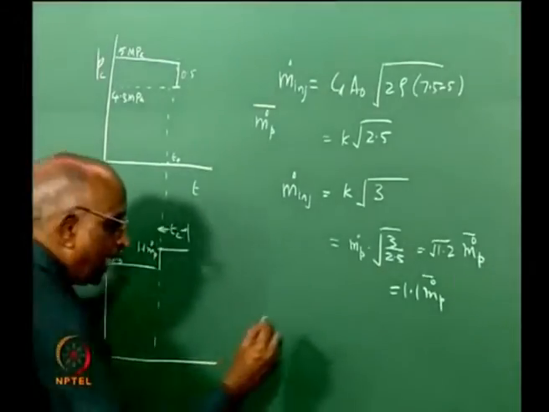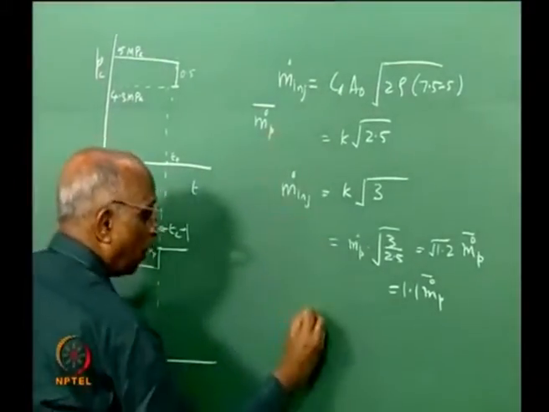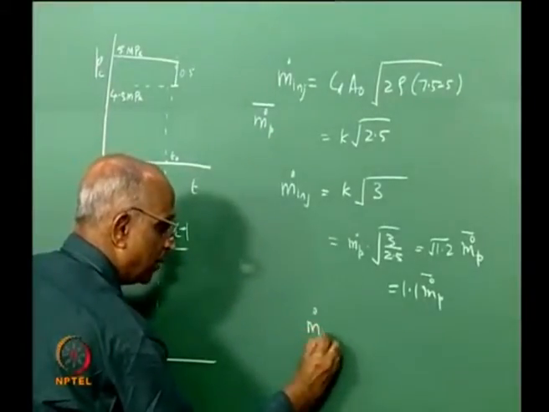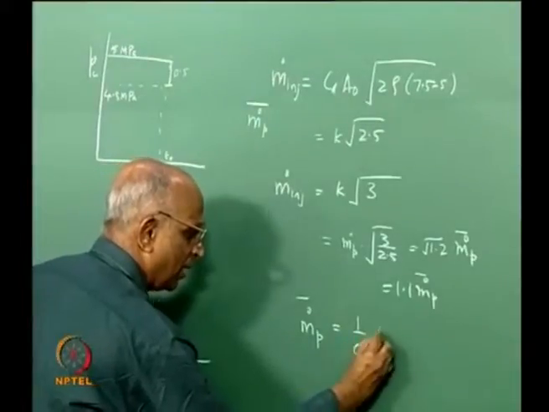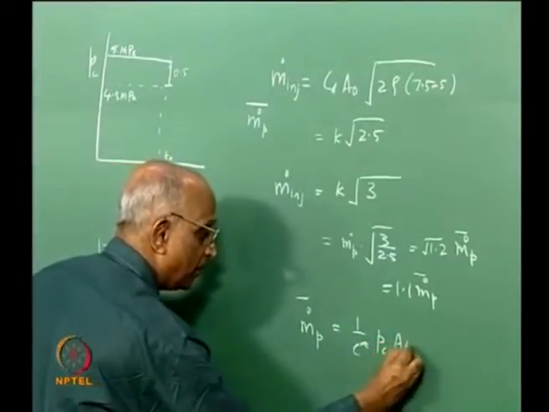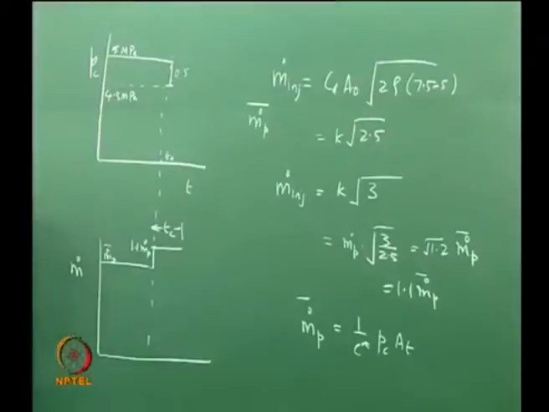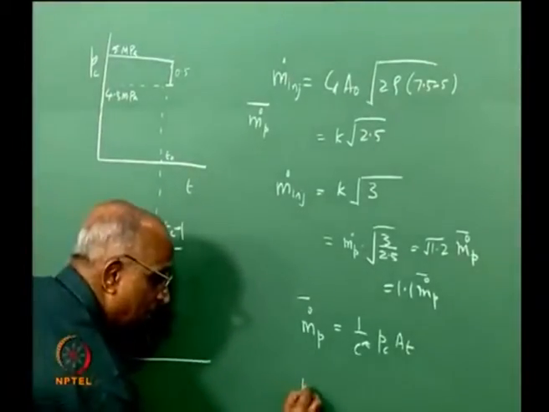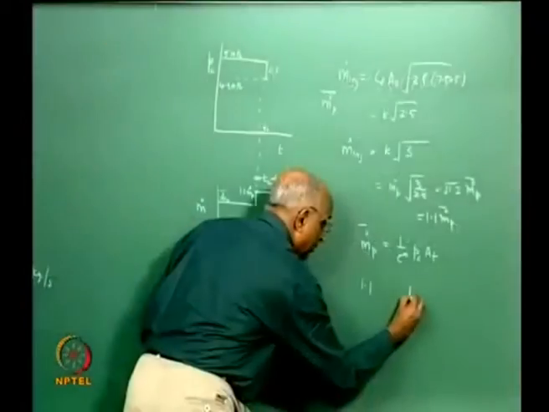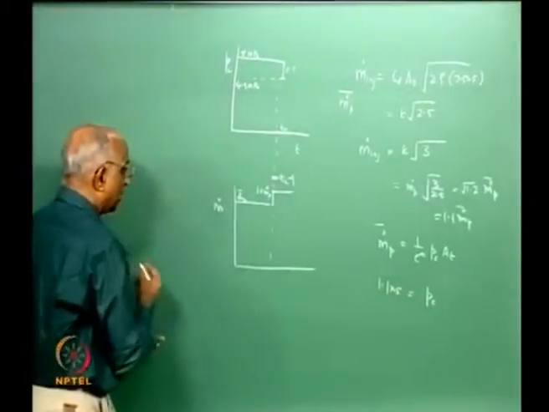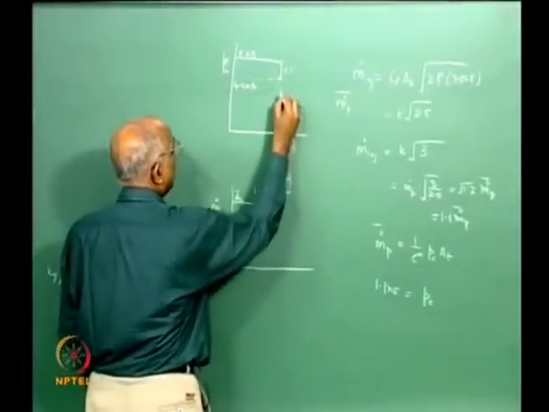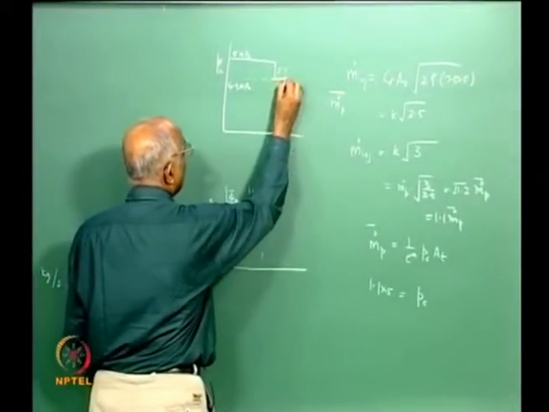and when it mixes and burns, what is the chamber pressure I get? Originally, when the nominal value was m dot p, I had the chamber pressure which was given by 1 by C star into Pc into AT, and now I get a value which is 1.1 times, and therefore my chamber pressure will be equal to 1.1 times the value which was 5 earlier, which means after this delay time it continues at this value.